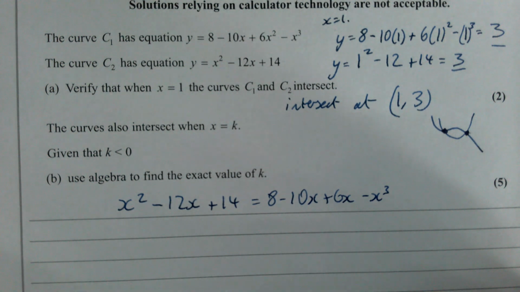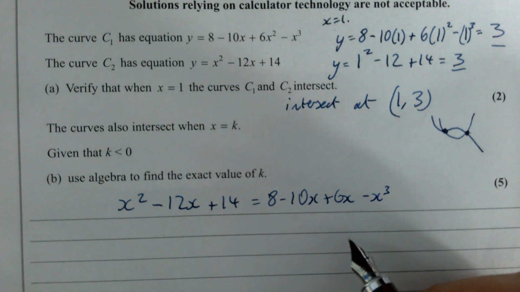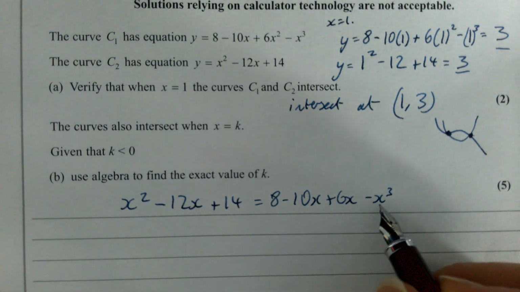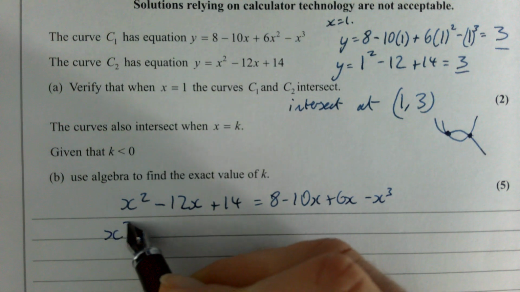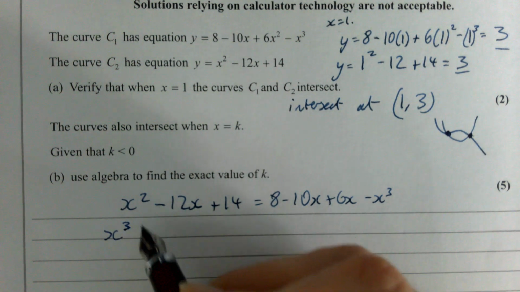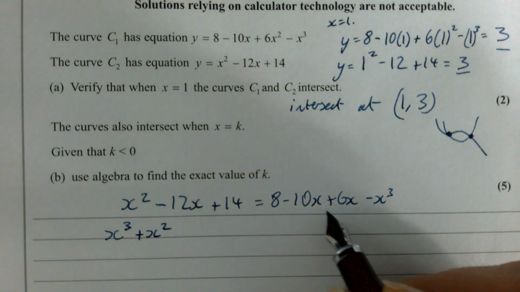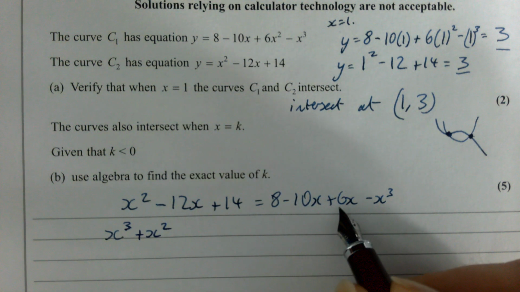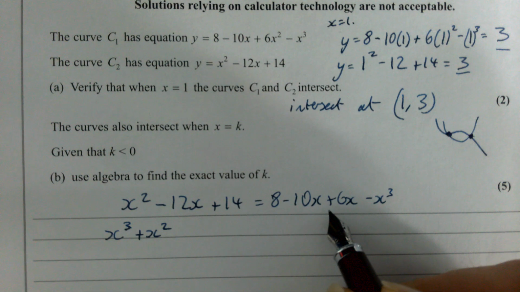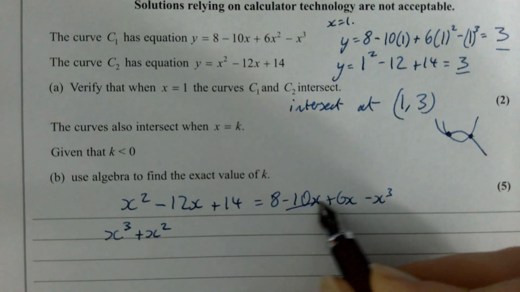Then, as ever, we want to make the whole thing equal to 0 and factorize. So if we add x cubed to both sides, we've just got x squared there. We've got negative 10 plus 6 is negative 4x. Add 4, so you've got that gives us negative 4x.